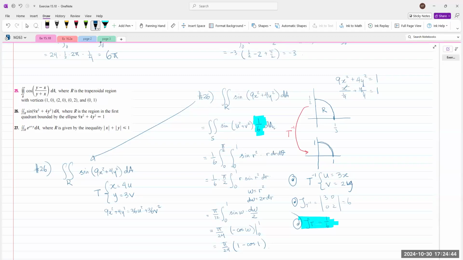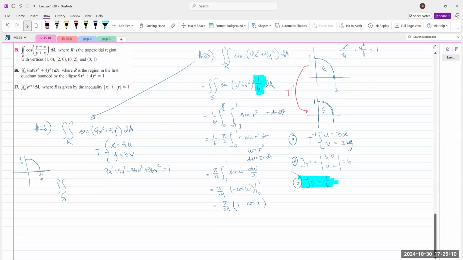Okay, so the double integral over the new region S right now. If I call this S1, this equals 1. So it is actually a circle with radius 1/6 in the first quadrant.